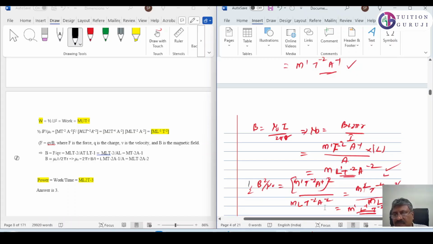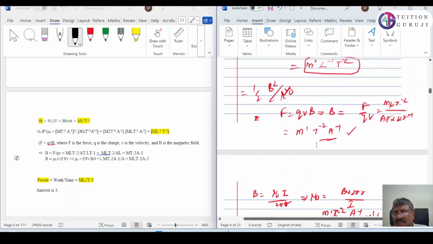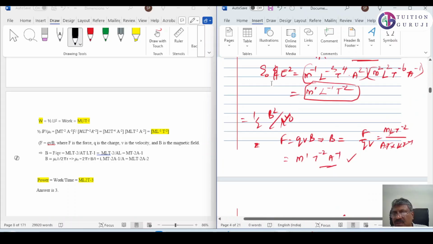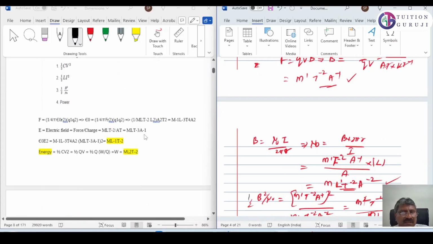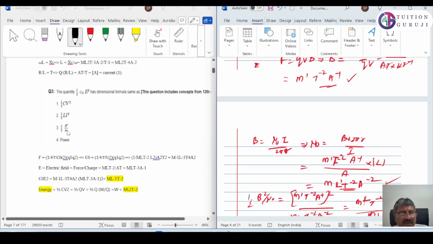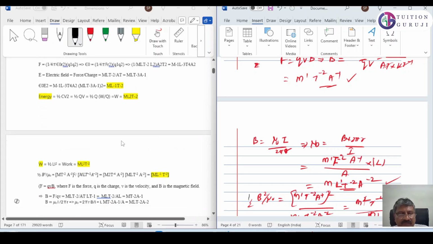So half B square by mu 0 is M raised to 1 L raised to minus 1 T raised to minus 2. The same thing we have got for epsilon 0 E square. So the answer is option 3, half B square by mu 0. It will have the same dimensions as epsilon 0 E square.